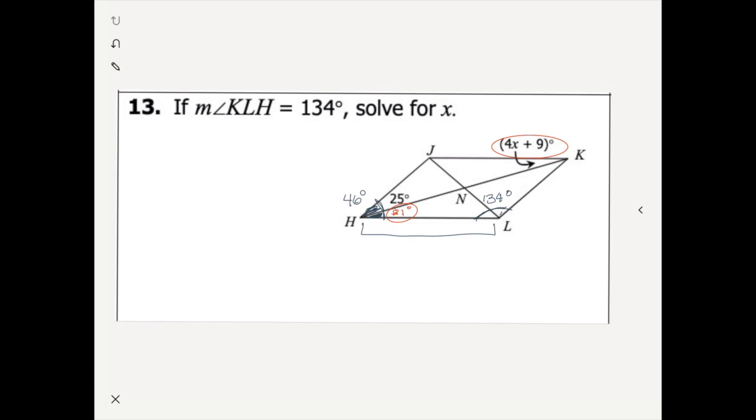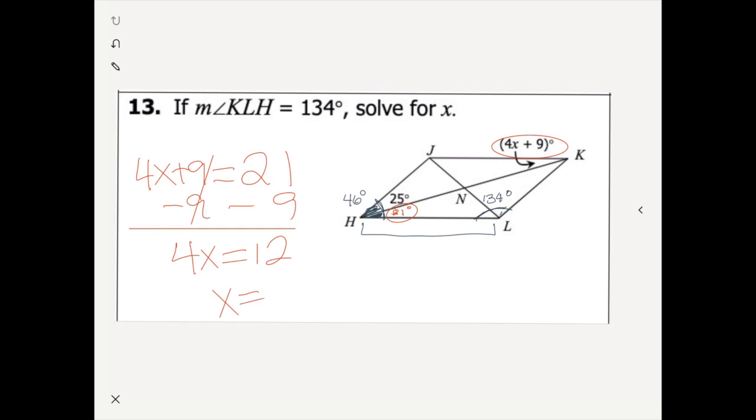So we're going to set 4x plus 9 equal to 21. Subtract 9 from both sides, and we're going to have 4x is equal to 12, which means x is equal to 3.